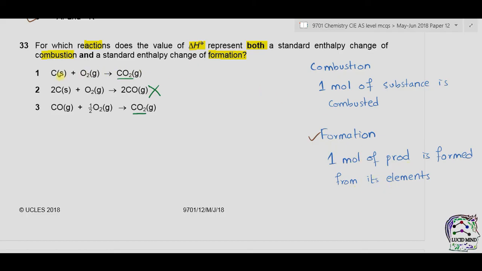And it is also an enthalpy change of combustion, because 1 mole of carbon is being combusted in excess oxygen to form product. So 1 is correct. In 3, we can see that carbon monoxide reacts with oxygen to form carbon dioxide. As carbon monoxide is not an element, as it must be for enthalpy change of formation, 3 is wrong. As only the first option is correct, the answer is D.